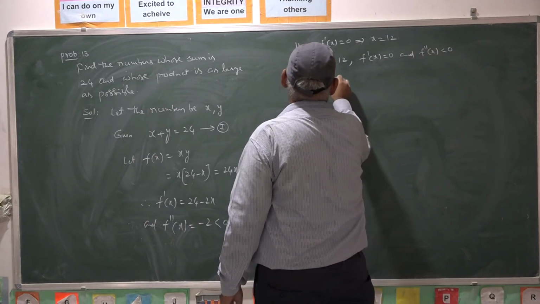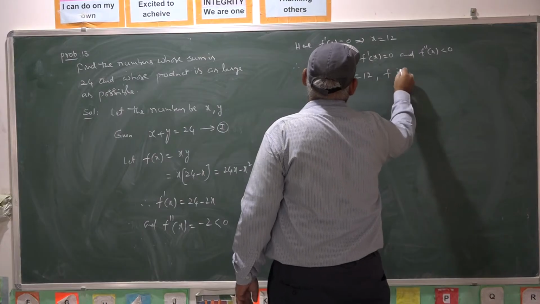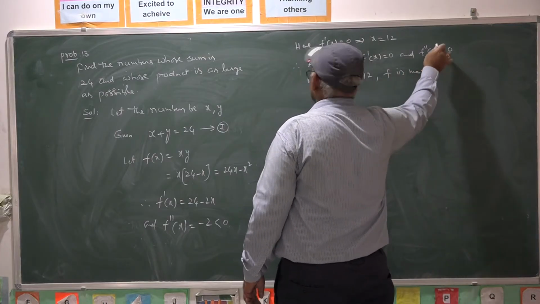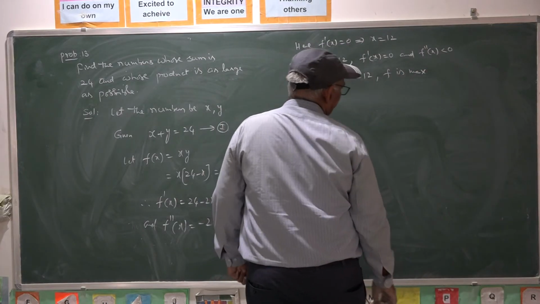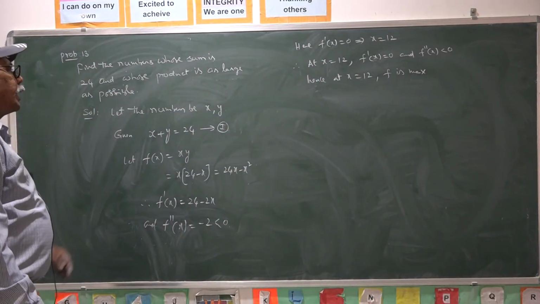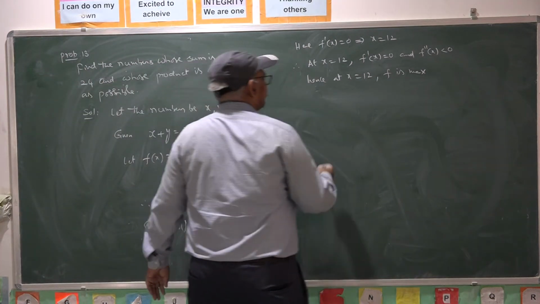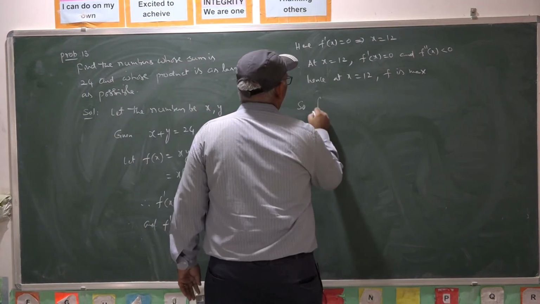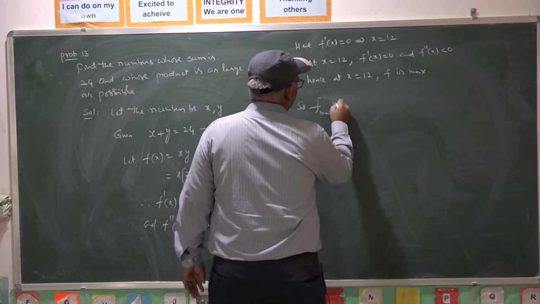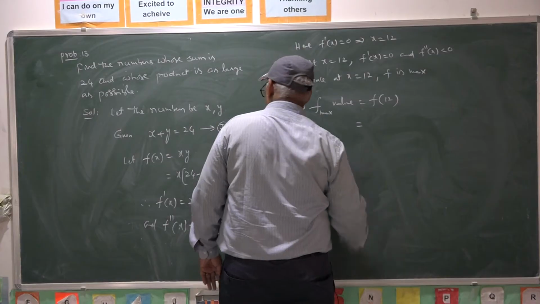Hence, at x equal to 12, f is maximum because the second derivative is negative. Now we have to find the maximum value of the function. So the maximum value is f of 12 itself.